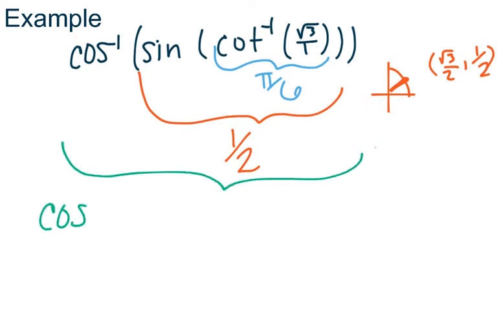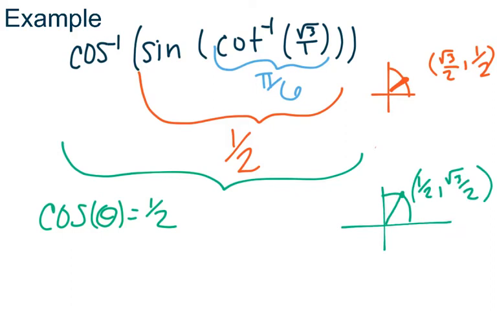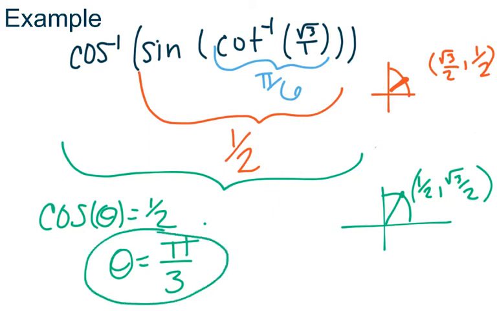So when my cosine of theta equals 1/2, what is my theta? And therefore, pi over 3, just like I have drawn in this diagram over here. So our final answer there is pi over 3.